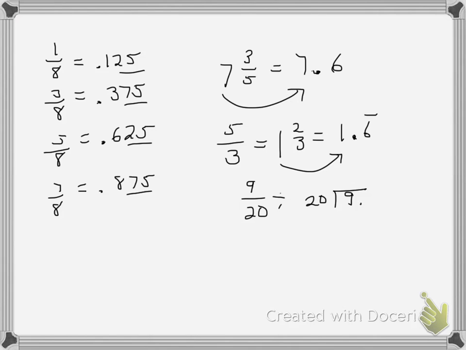So go ahead and put your decimal in there, right up there. You need 90. 90 is the first thing bigger than 20, right? And it's going to go in 4 times for 80, with the remainder 10, and it's going to go in 5 more for 100. So 9/20 is the same as 0.45.